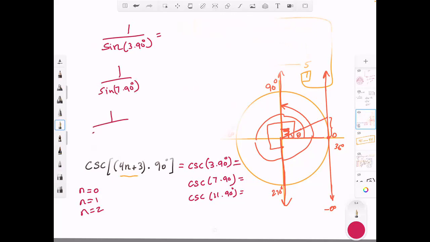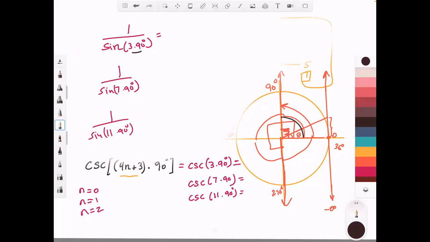This is 1 over sine of 11 times 90 degrees. The point of making this type of question is to challenge you guys so that you really understand the question and don't have any fear. So 3 times 90, sine of that. This is 90, that's 180, that's 270. So the sine of this will be -1.